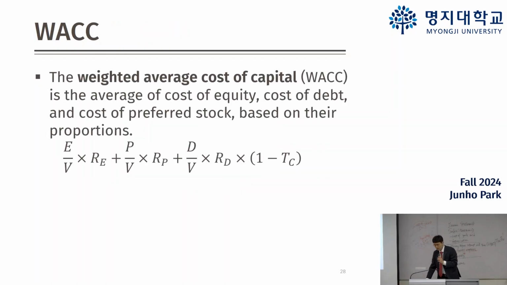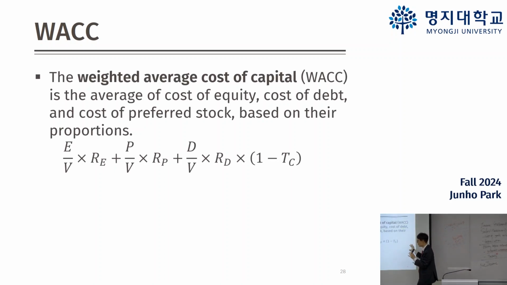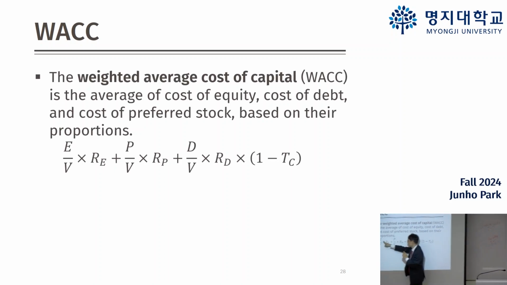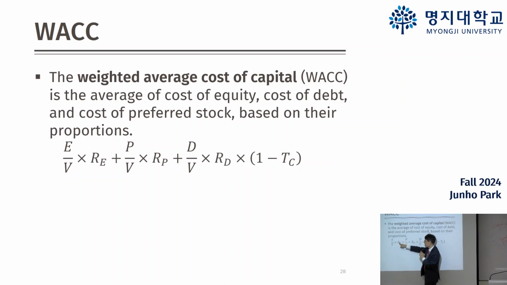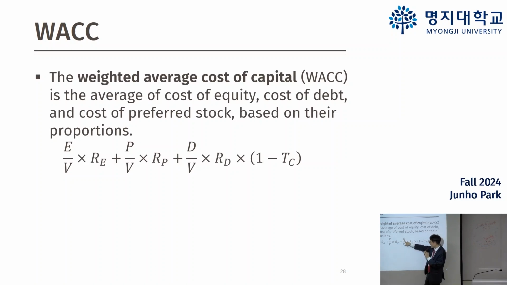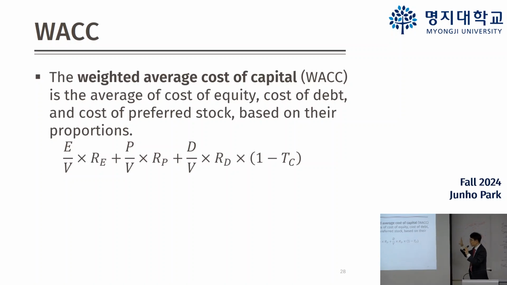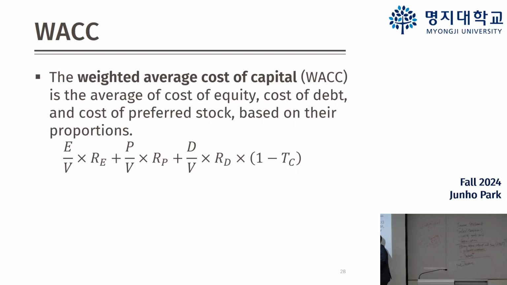And if you generalize it, you can have this formula as a result. Equity value times rate of return by shareholders, preferred stock value times the rate of return by preferred stockholders, the value of debt, the cost of debt times 1 minus the tax ratio, divided by the size of the company.